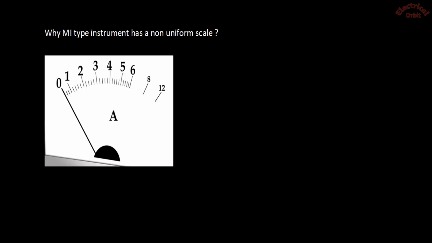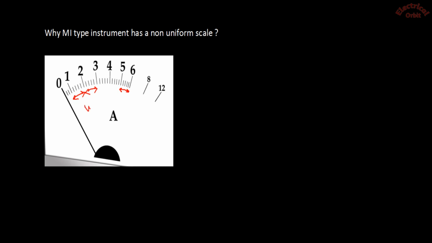So why does an MI type instrument have a non-uniform scale? When we have a uniform scale, the distance between 2 points or 2 readings will be the same. But see, the distance between 5 and 6 is a little bit smaller, like 3 and 4. Though this diagram does not depict properly the uniform or non-uniform scale.